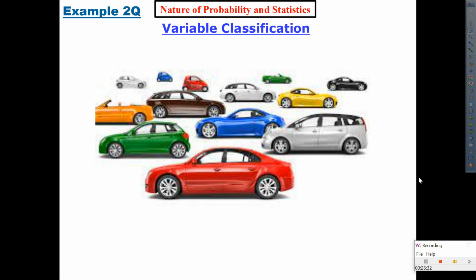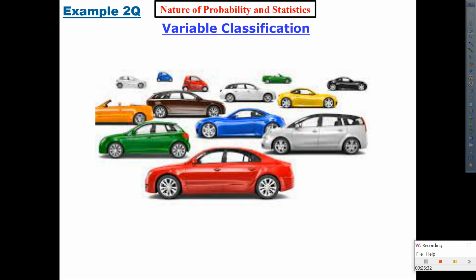Tell your neighbor what kind this is. All right, what do you think, Alexa, what kind of classification?